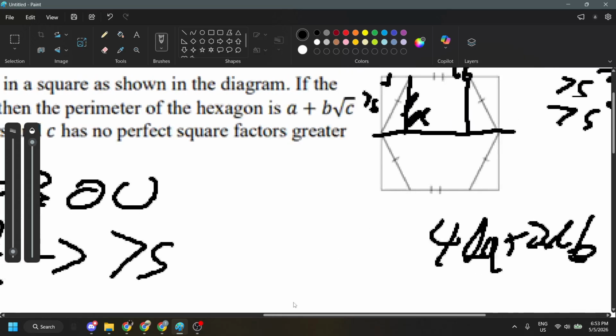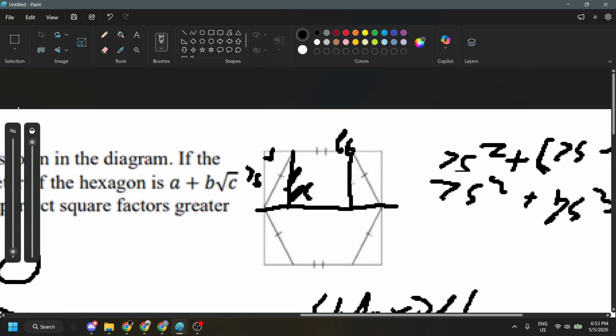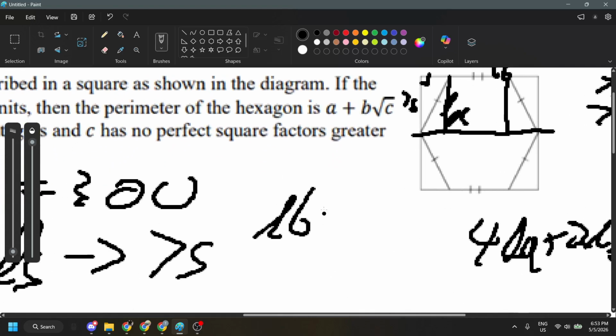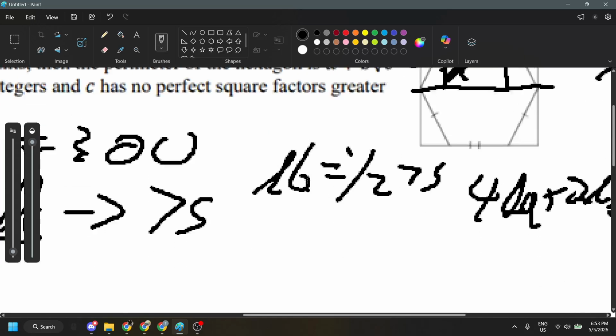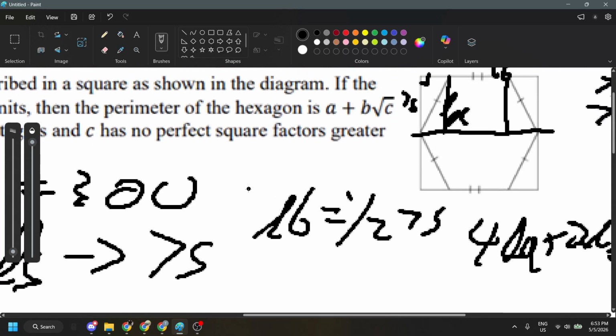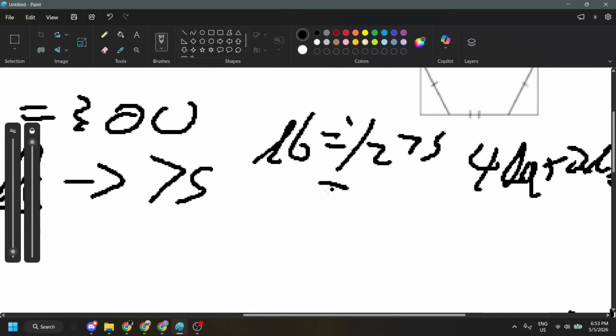It looks about right, so I can't think of anything better to do. So let's just say LB is equal to 1/2 75, right? Because that's divided by 4, which is equal to 37.5.